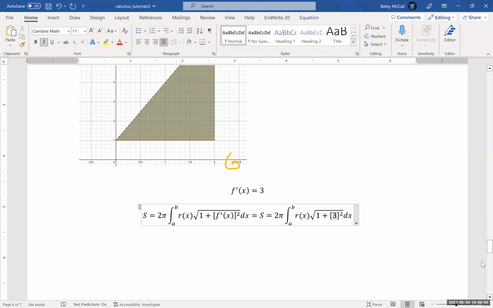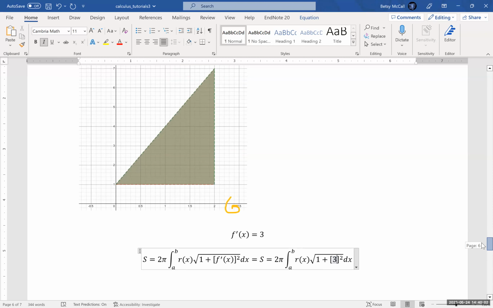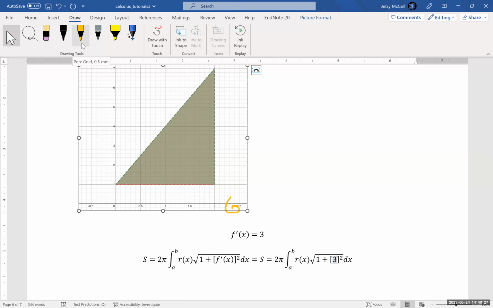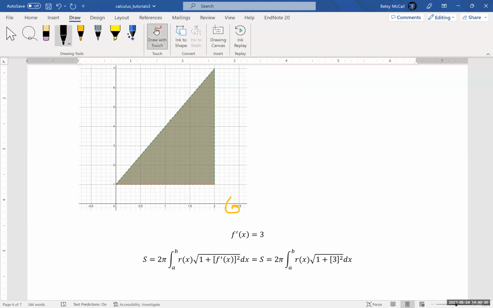So let's think about our radius. We're rotating it around the x-axis. The radius is essentially the distance as we do this rotation. So again, we're rotating it this way. What is the radius here of our cylinder? You can think about this as the arc length. This is the radius.